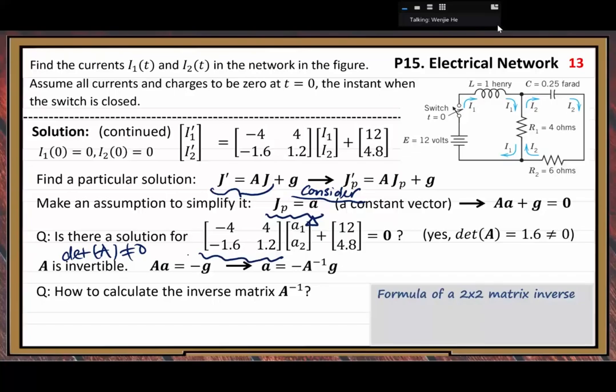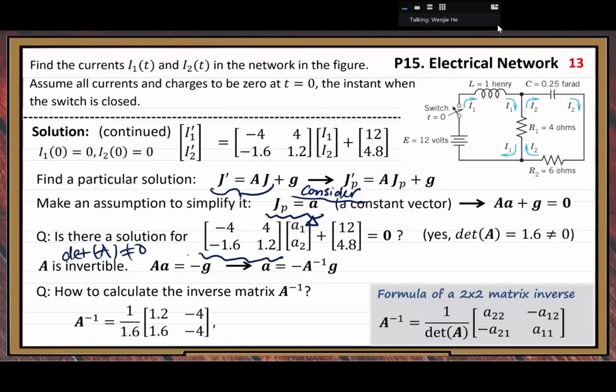A inverse equals 1 over its determinant, times the matrix where on the main diagonal we switch the two elements, and for the off-diagonal elements we do not swap but change the sign. That's the inverse matrix formula.